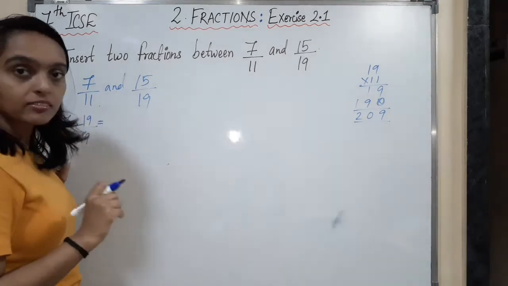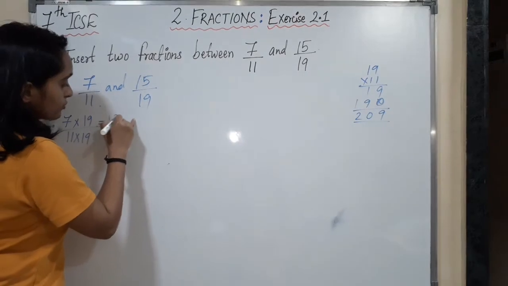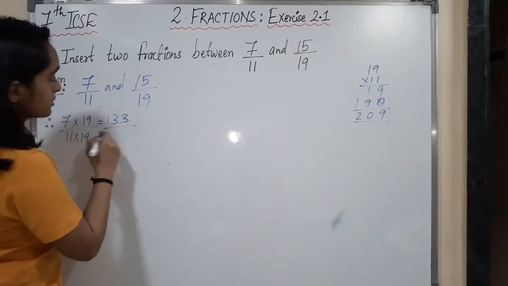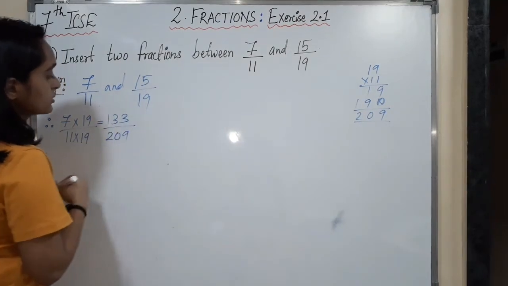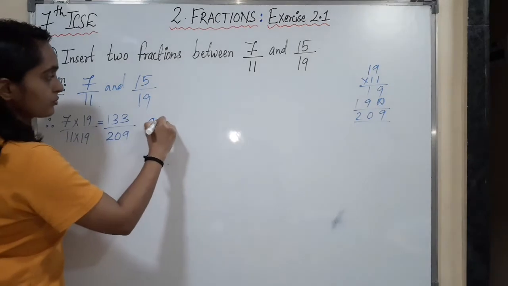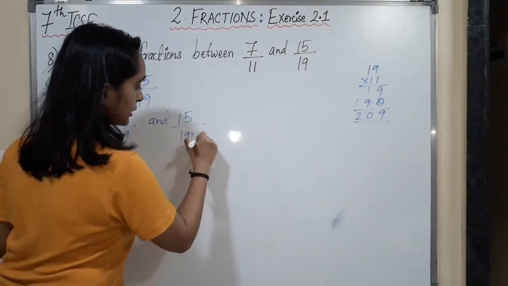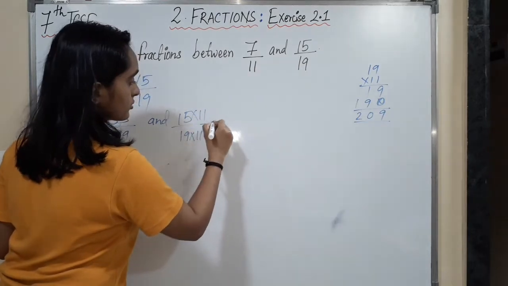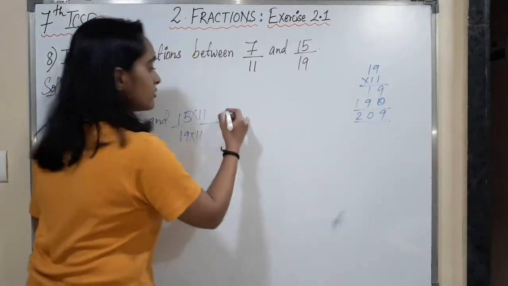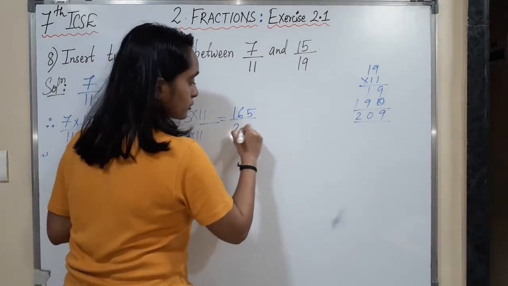So 19 sevens is 133. So 133 upon 19 11s is 209. And 15 upon 19 multiplied by 11 will give you 15 11s will be 165, and this will be again 209.